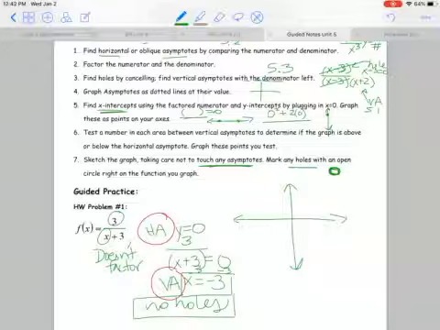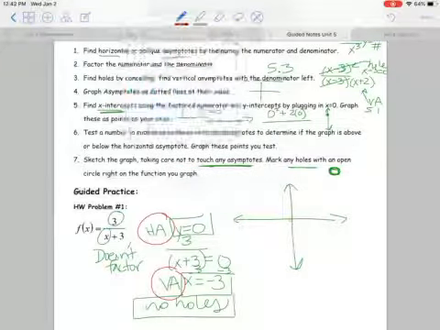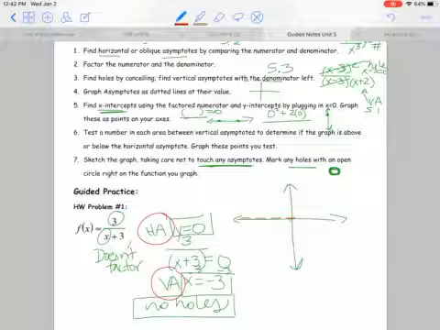When you graph them, at y equals 0, remember y equals 0 is right here. So we're going to have a dotted line right at y equals 0. And then at x equals -3. And there's no holes, so no open circles.